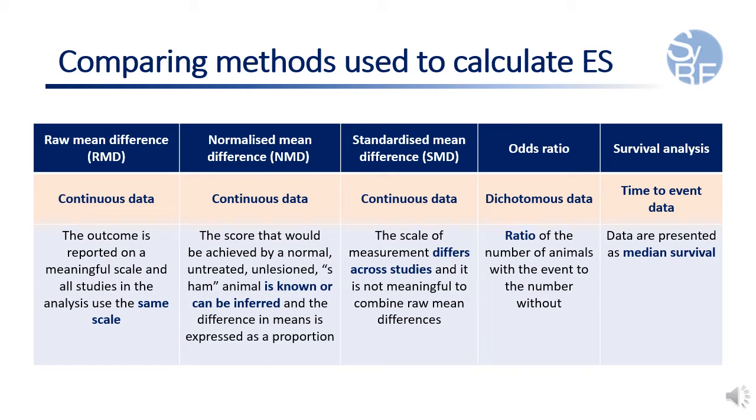A standardized mean difference is also often used when you are combining lots of different outcome measures, and it doesn't require scales of measurement to be the same and standardizes these so they can be meaningfully combined in your meta-analysis. For dichotomous data, you may calculate an odds ratio, and where data are presented as median survival data, you will have to approach this differently again.